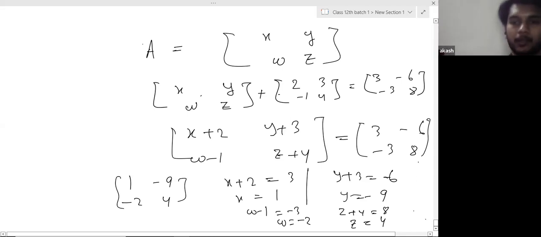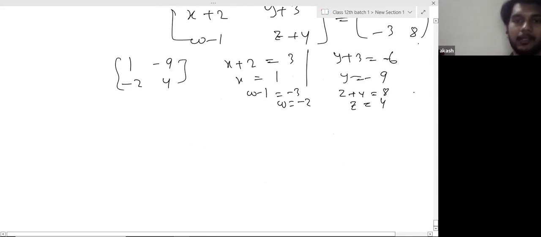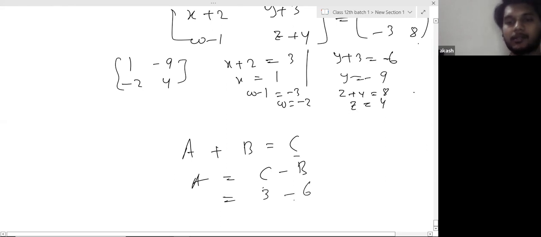All right. What is the other way? The lengthy way. The other way: if A plus B equals C, then A is C minus B. That means just subtract. Here the value of C was [3, minus 6; minus 3, 8], and B was [2, 3; minus 1, 4].